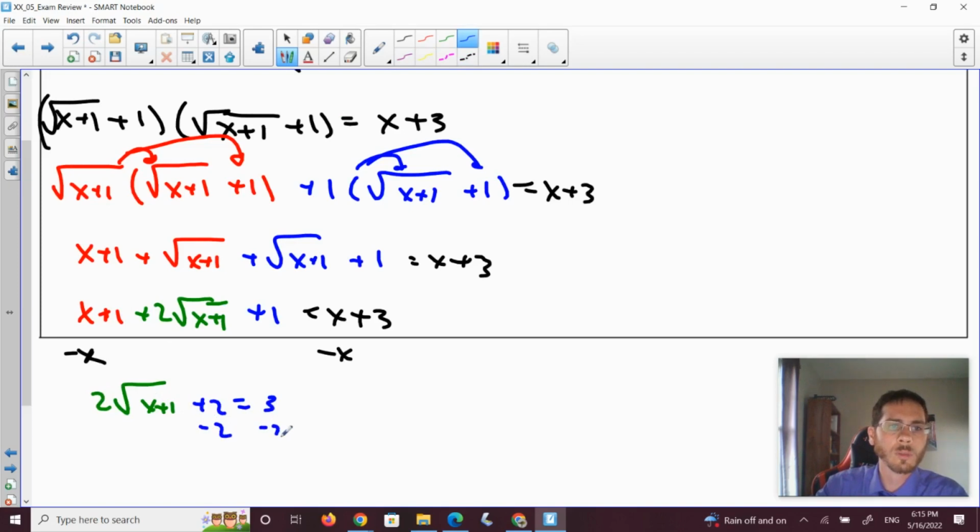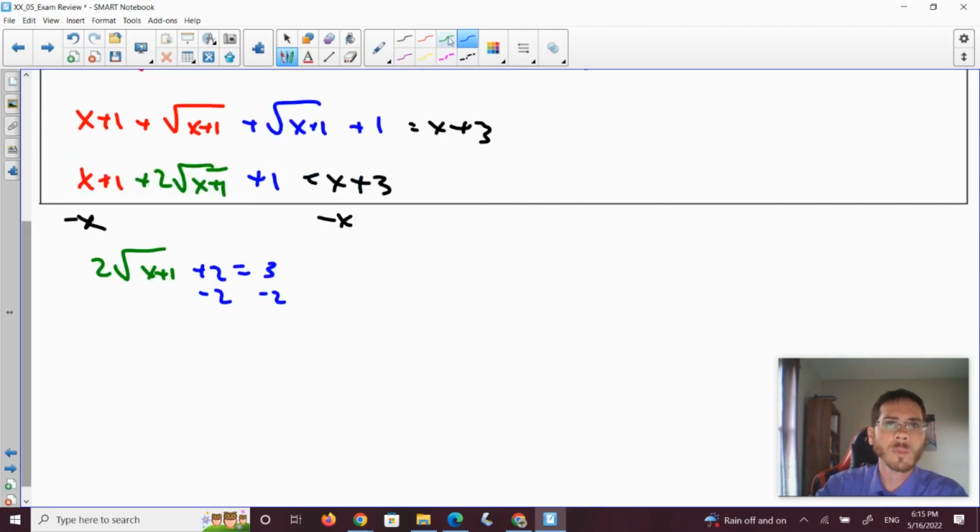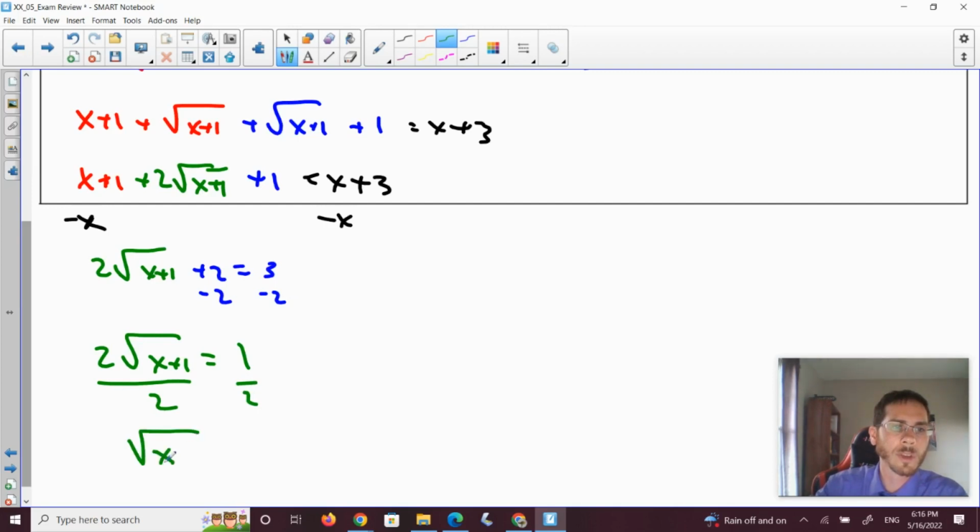We can subtract 2 from both sides. So we get 2 radical x plus 1 equals 1. Divide both sides by 2. So square root of x plus 1 equals 1/2.